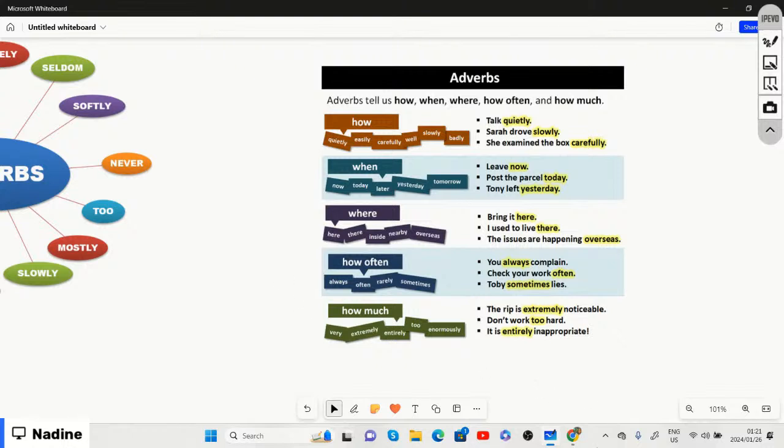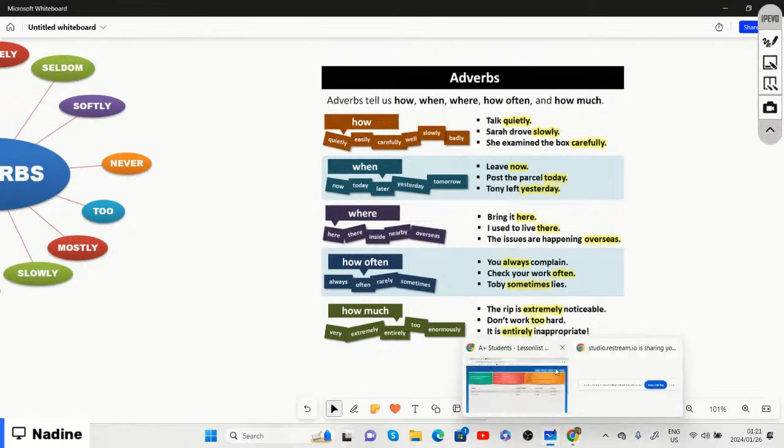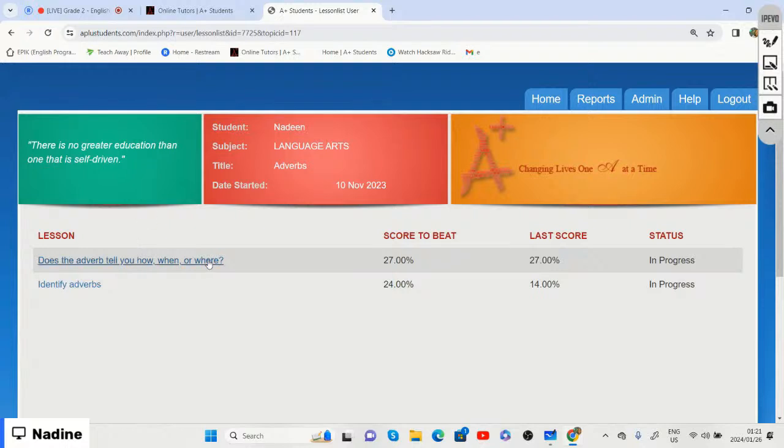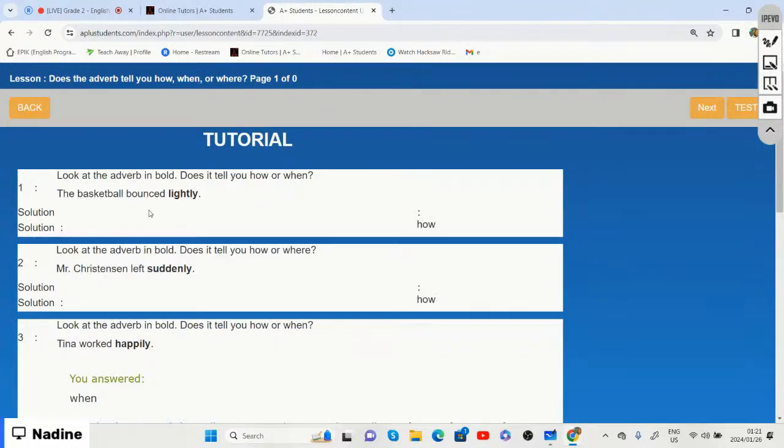All right. So now we're going to aplusstudents.ca, and we're going to the first lesson that says, does the adverb tell you how, when, or where?